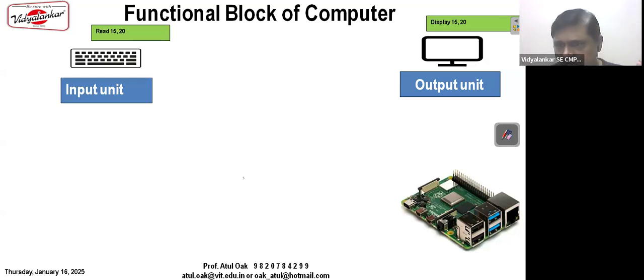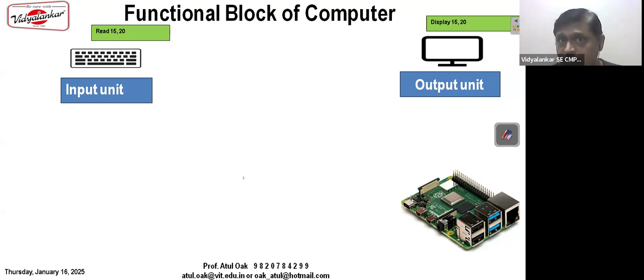Of course, for this Raspberry Pi, I have to connect a keyboard and a monitor, because you must have seen computers based on the Raspberry Pi. I know how to get the data in my computer. I know how to see the data on my computer.